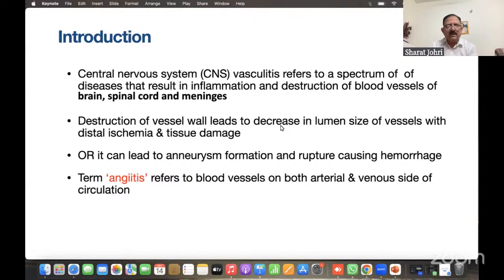It can also lead to aneurysm formation due to weakness of the vessel wall, and these aneurysms can rupture, causing hemorrhage. The term angiitis is sometimes used to refer to blood vessels of both the arterial and venous side of the circulation. So it is also sometimes called primary angiitis of CNS or primary CNS vasculitis. Both are synonymous, and I'll be using these two terms for this particular disease.